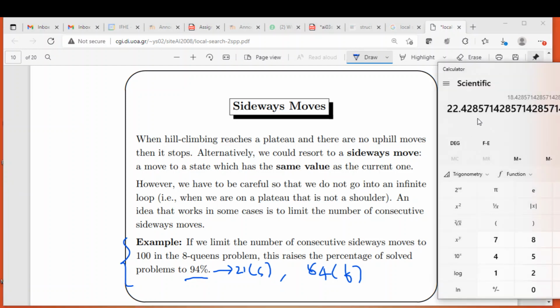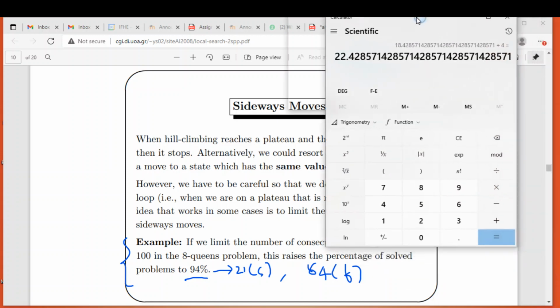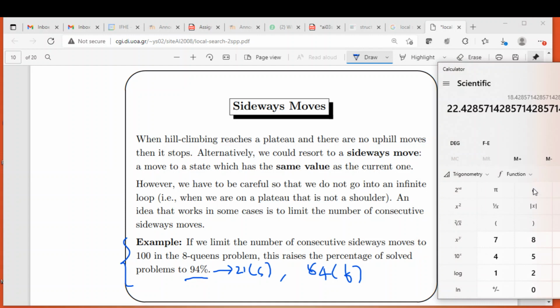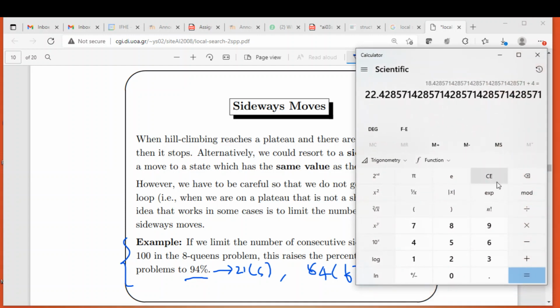So the effective number of steps will be 1 by p. So in this case, what is p? p is 0.94. So it is 1 by 0.94, minus 1, multiplied by the number of steps during failure cases.